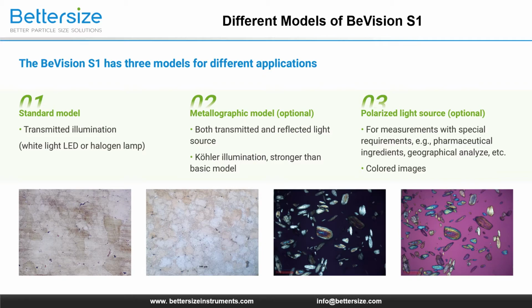For example, particles on filter paper or filter film, and metal powders embedded in metallographic samples. The Vision S1 polarizing mode provides users with particle size and particle shape analysis under polarized light. The polarized light model Vision S1 is trusted by researchers and engineers in the field of biology, pharmaceutical, geology, etc.